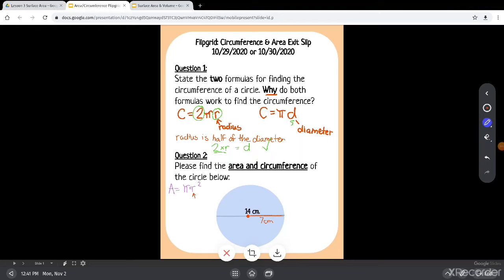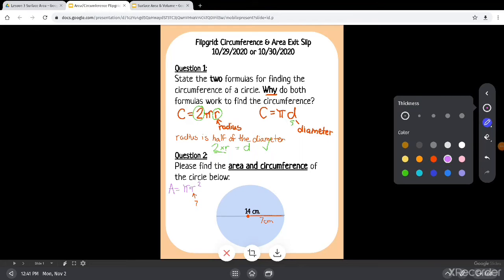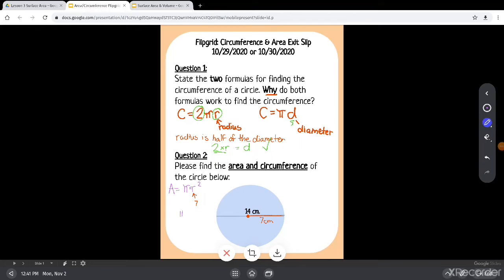Because we know that the radius is 7, we're going to go ahead and plug that into our original formula. So we have pi times 7 squared. I know that 7 squared means that I need to multiply 7 by itself twice. 1, 2. 7 times 7 gives us 49. That's the number I'm going to use here now. So we'll do pi times 49.